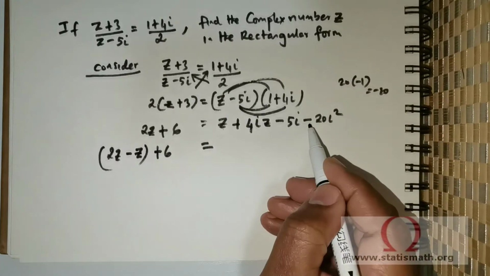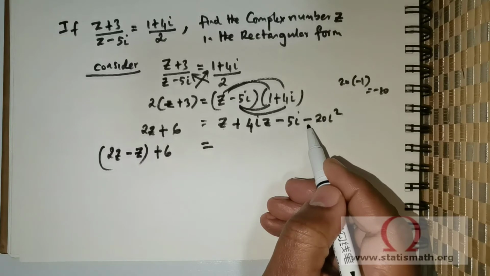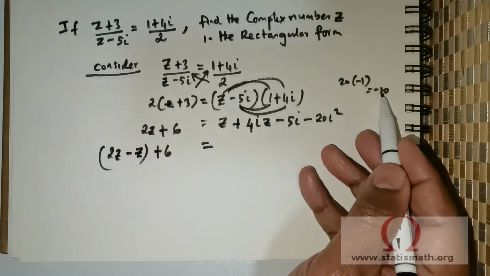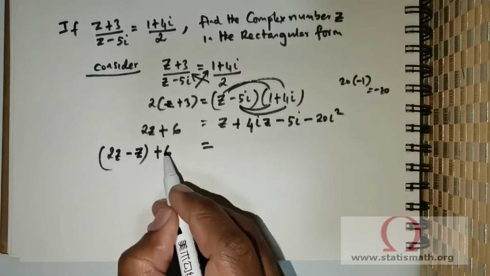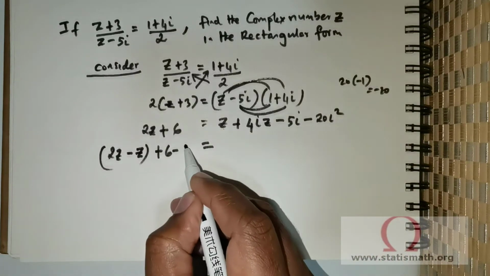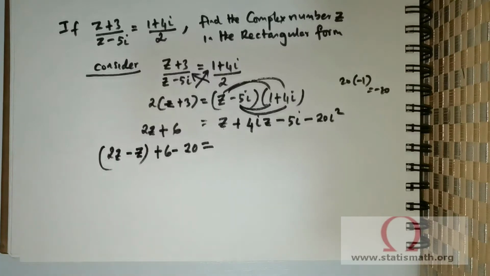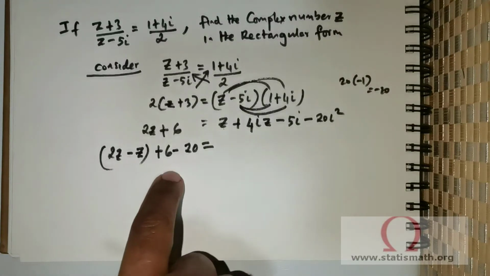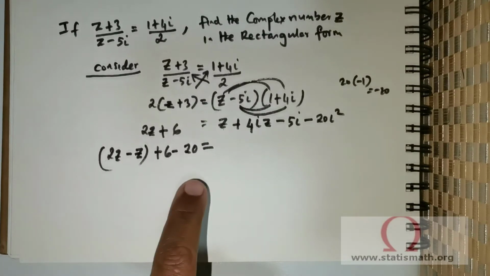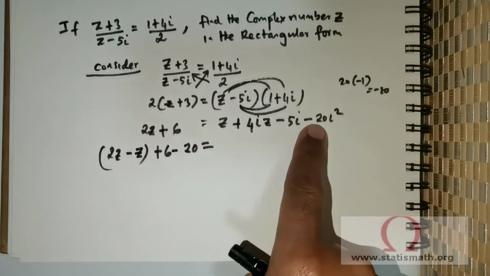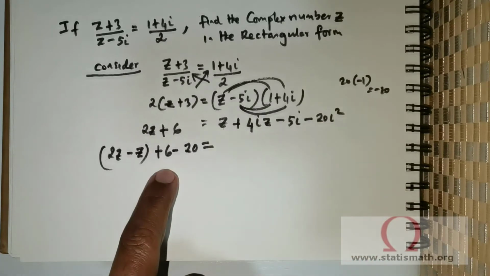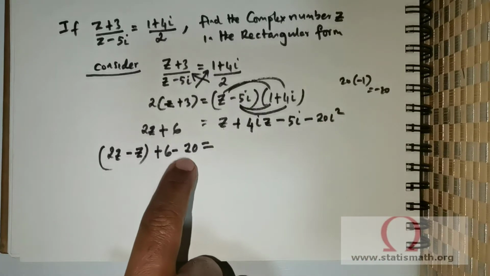But there's already a negative sign there, so that would impact this -20, making it positive. So once it comes to this side, that would become -20 there. So we would have 6 - 20, because of the fact that i² is negative 1, so that will make it positive. When it moves to the left, it becomes -20.